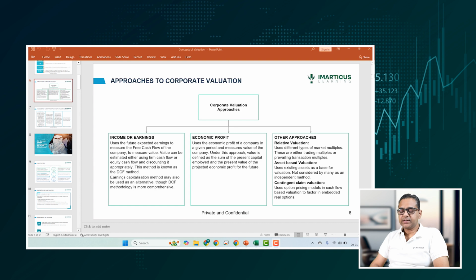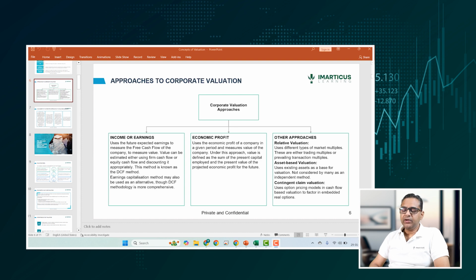Here what we do is we look at other similar companies. For example, let's say I'm planning to value Asian Paints. So we'll look at Berger Paints, Kansai Nerolac, ExxonMobil, Birla Opus.